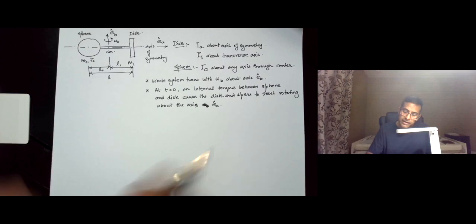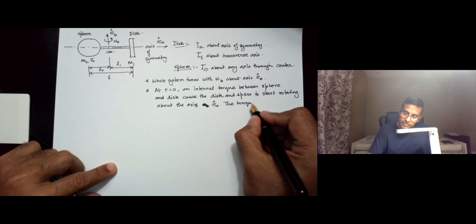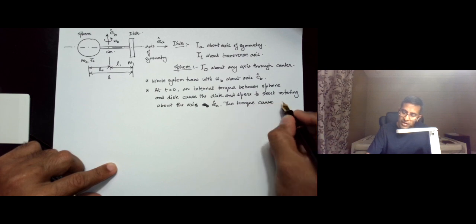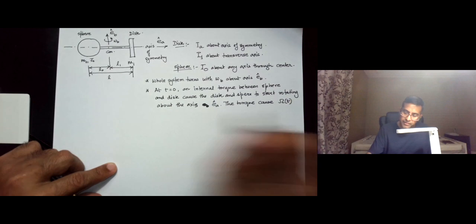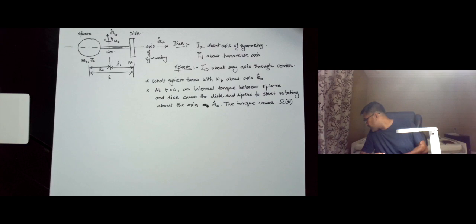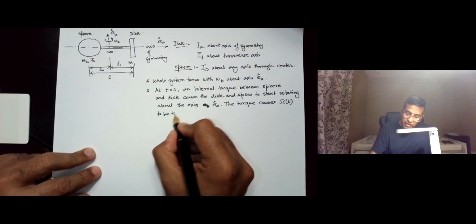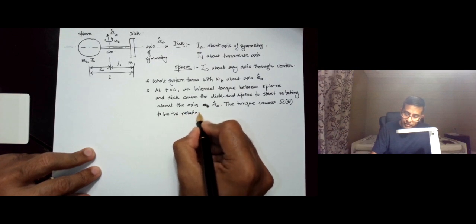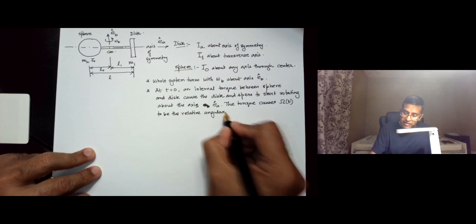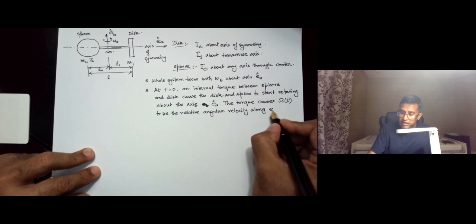And it is given that the torque causes omega t to be the relative angular velocity along EA.